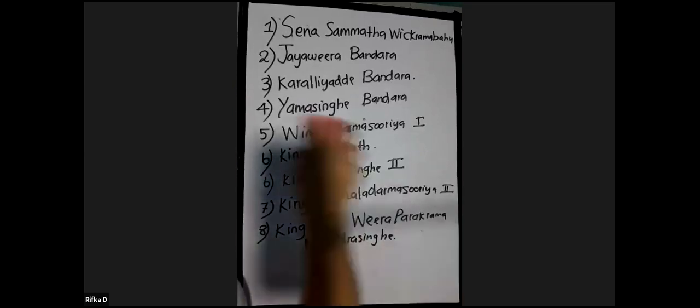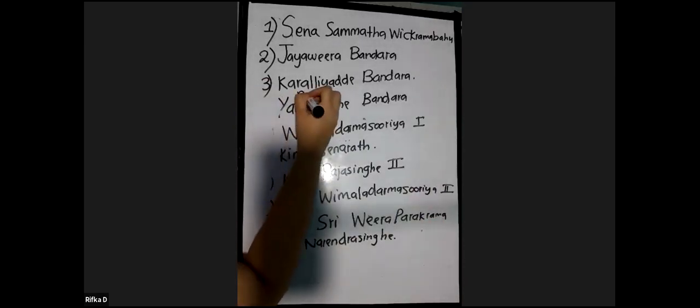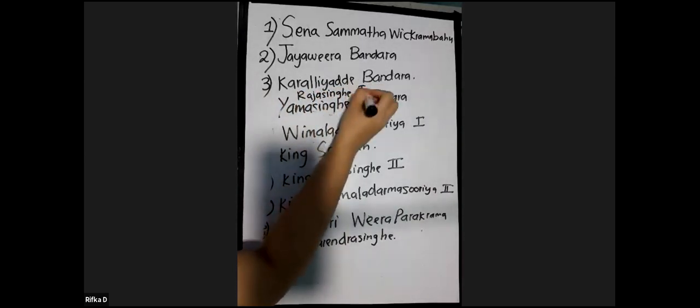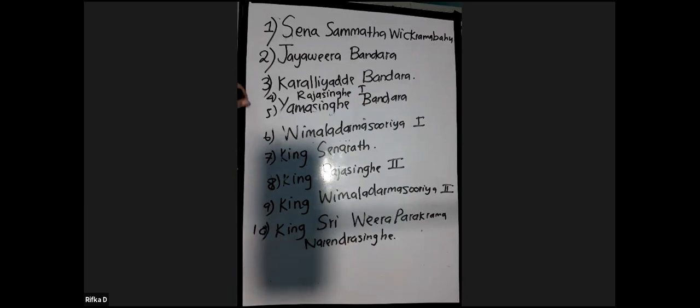Here we missed one person before Yamasingha Bandara, Rajasingha I, who was also ruling for a short period. After that, the Portuguese invaded the Kandyan kingdom and made Yamasingha Bandara king for a short time. Then after that, Vimala Dharma Surya I, King Senarath, King Rajasingha II, King Vimala Dharma Surya II, and King Shri Veera Parakrama Narendra Singha.